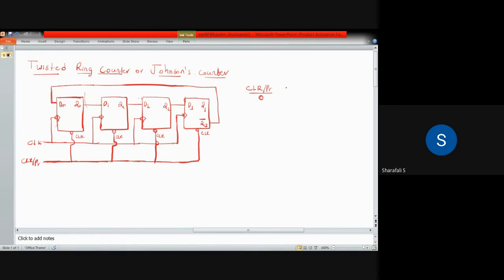This 0 means, irrespective of your clock pulse, Q3, Q2, Q1, and Q0 will all be 0 because of this clear. We connected all the flip-flops to this clear connection, so all the memories will be cleared and equal to 0.